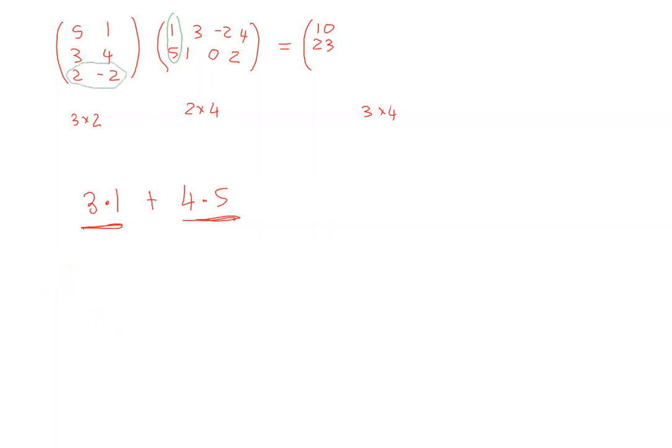I will have 2 times 1 is 2. 5 times -2 is -10. 2 minus 10, that's how much? -8, right? Then let's do first row with second column. 5 times 3 is 15, plus 1 is 16. Let's do second row with second column. That is 3 times 3 is 9, plus 4, that's 13, right?